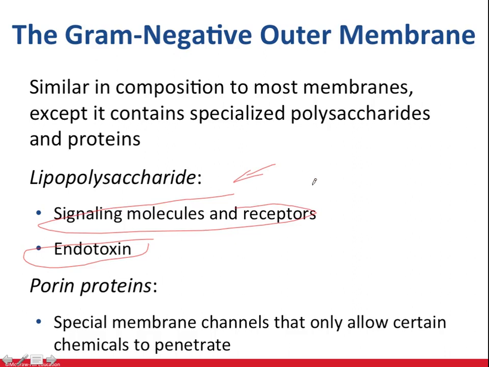Why can this material work as an endotoxin? Because it works as a signaling molecule, so it can be recognized and accepted by our immune system, which releases interleukin-6.